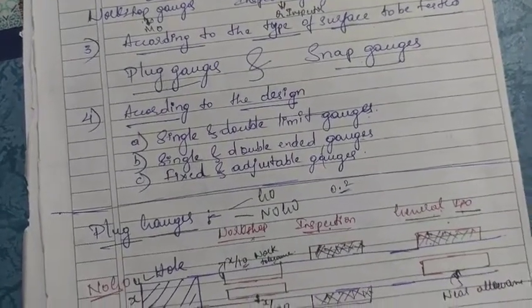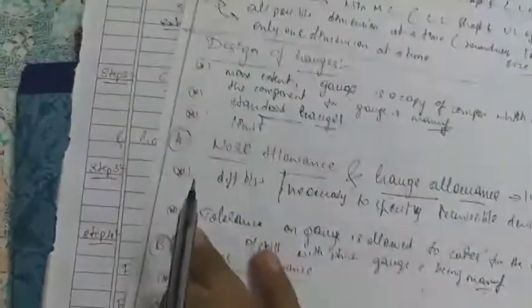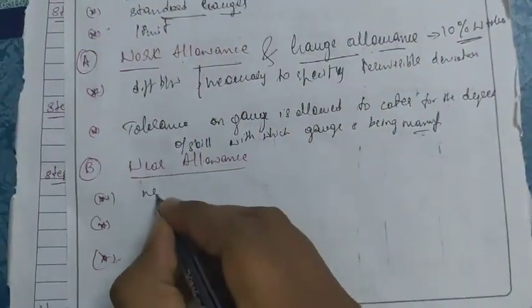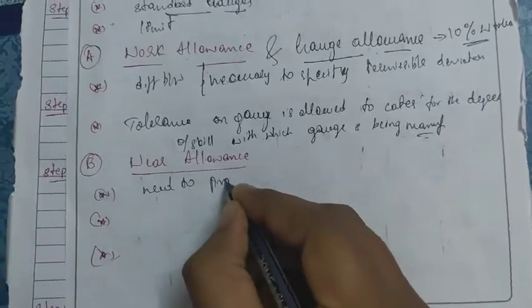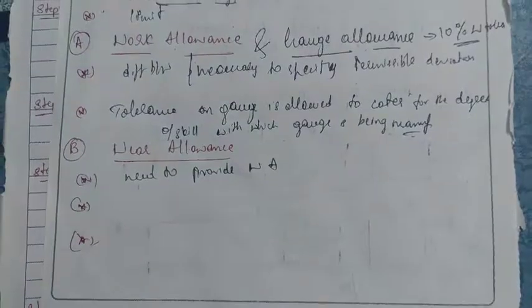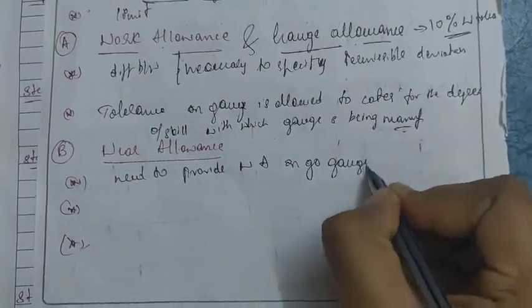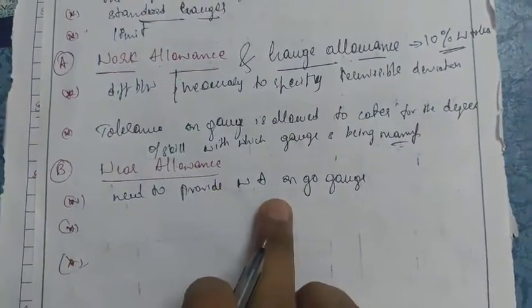Hence there is a need to provide the wear allowance on what? Go gauges. Why do we need to provide a wear allowance here?